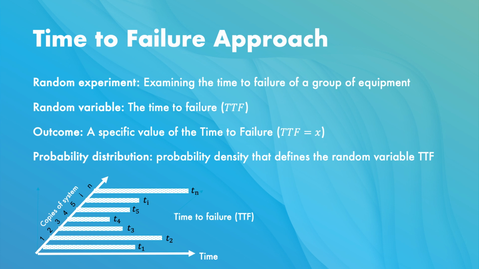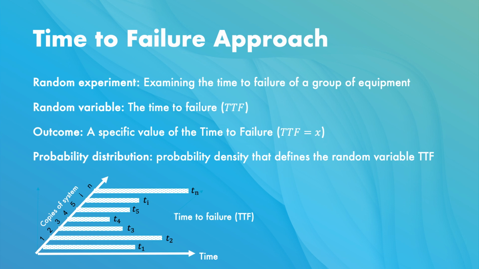But let's give this a name, and we call this time to failure approach. In a time to failure approach, we have four things that we need to define, because essentially we are defining a probability system. And the first thing that we need to define is what are we going to examine, what are we going to monitor, and it is essentially the time to failure of a group of equipment. So we are interested in knowing how long they last.